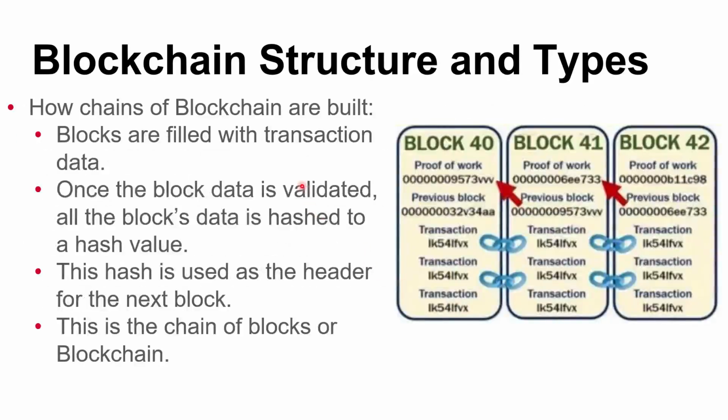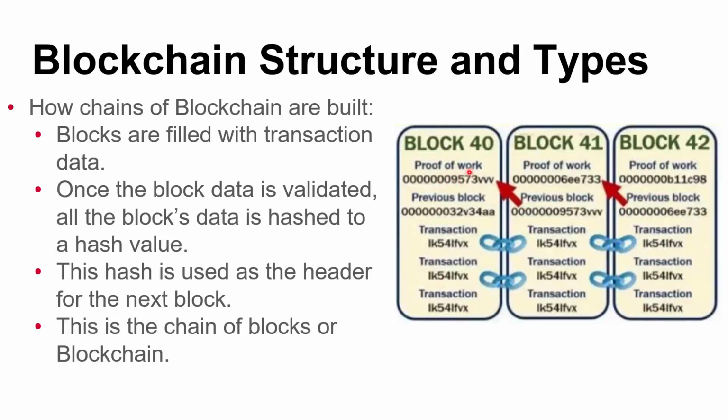So we could take a look here again at how the hashes work as far as the blockchain. The hashes actually become part of the next block. If we look here at block 40, block 40 has some data in it, some transactions. We can see here the list of transactions added. And there is a proof of work hash that is generated from these transactions.